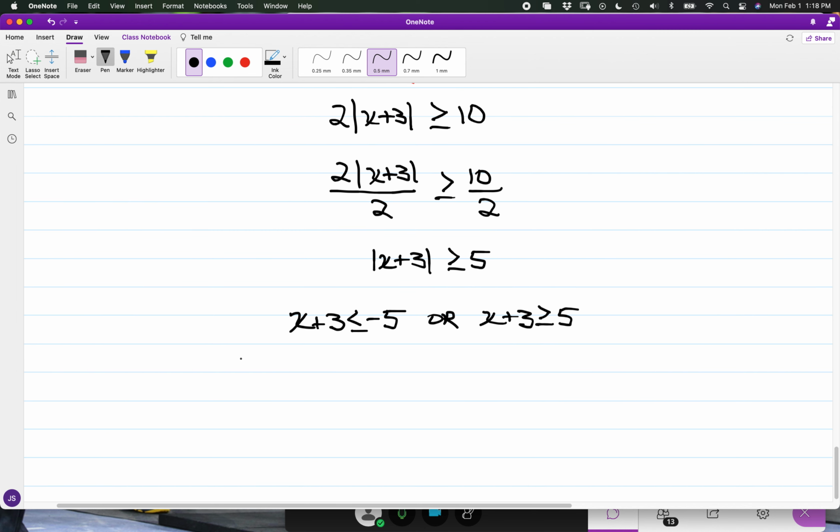Okay, and so in taking what we have and solving for x in these scenarios, if I take 3 away for the first, I'm going to have x is less than or equal to negative 8.